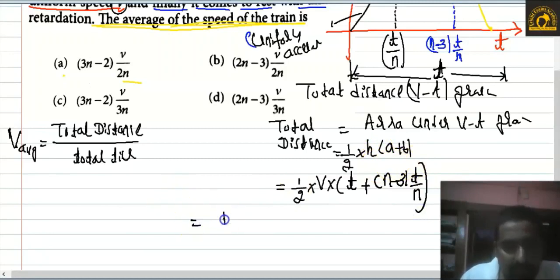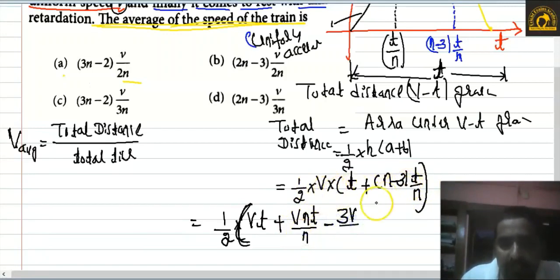Now you have to simplify it. Half into v into t, that is vt, plus vnt divided by n, minus 3vt divided by n.